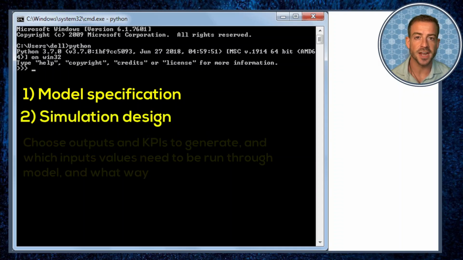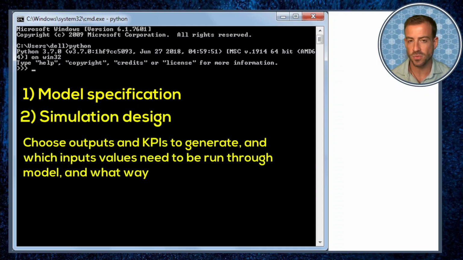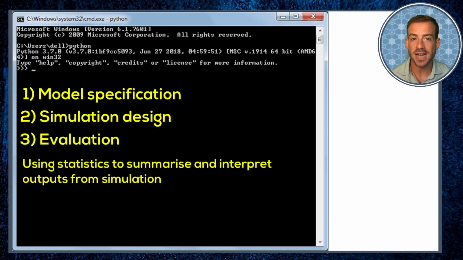You then have to decide how your simulation is going to run. This would involve choosing outputs and KPIs for the simulation to generate, and deciding which input values need to be run through your model and in what way. You then move on to the evaluation of these outputs, where we would use statistics to summarize and interpret the outputs from our simulation.